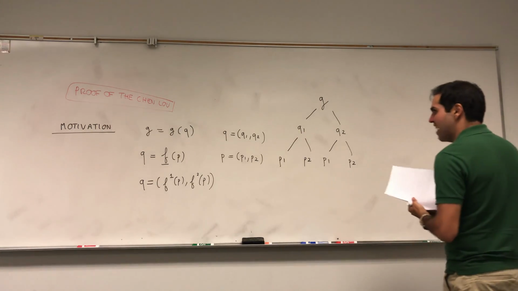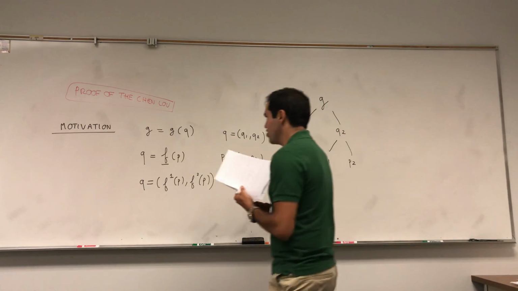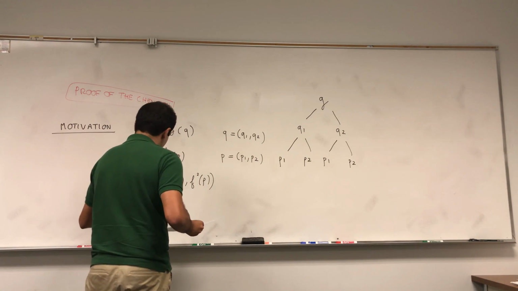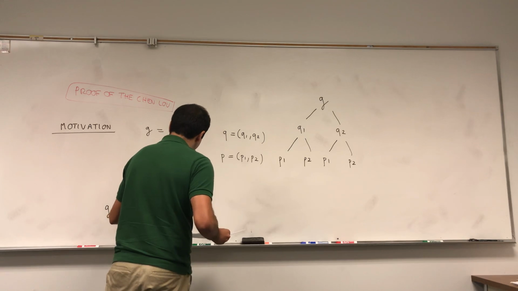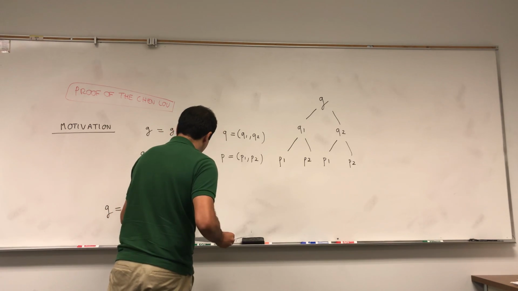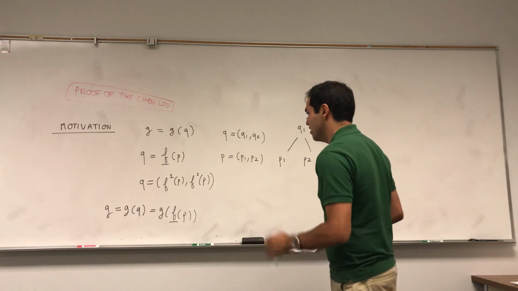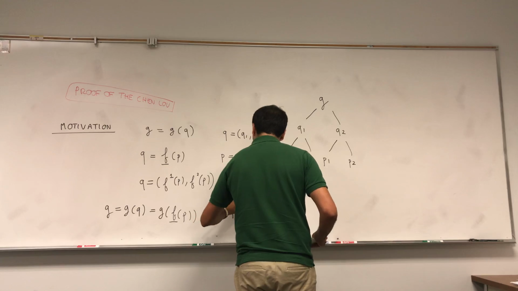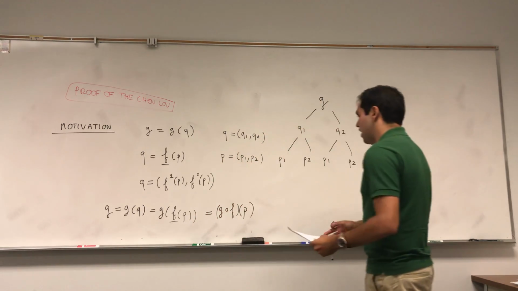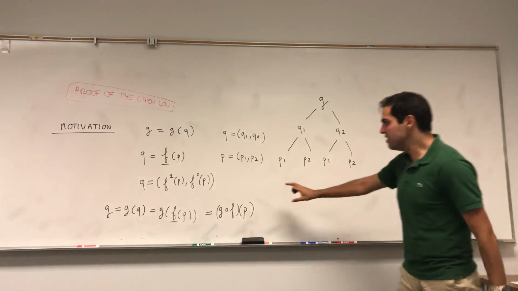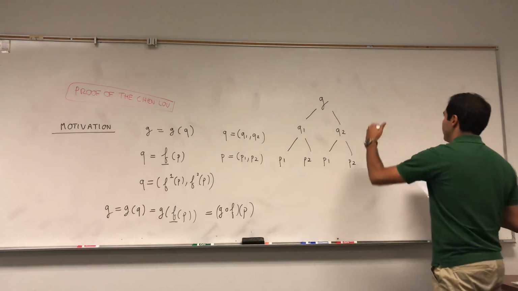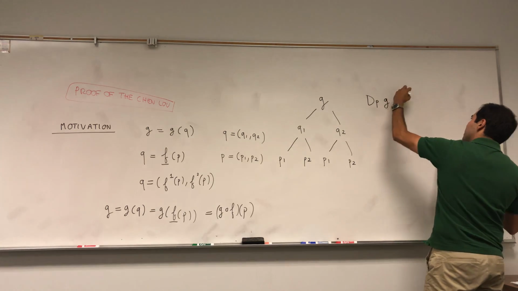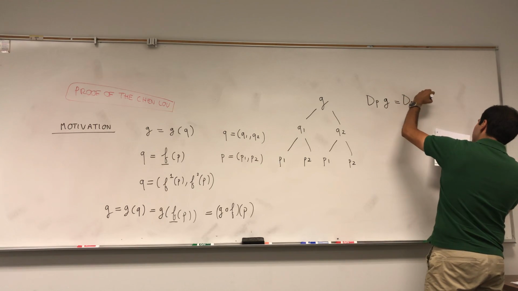And the question is now, g is really a function of p, because g is g of q, and that's g of f of p. I'm using underline for boldface. And again, it's the same as g composed with f of p. And the question is then, what is the derivative of this with respect to p? What is d_p of g, which you may think of simply as d_p of g composed with f?